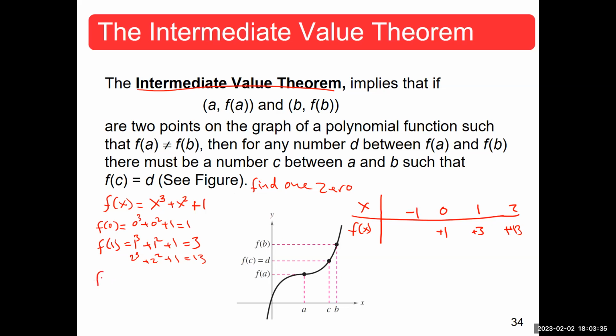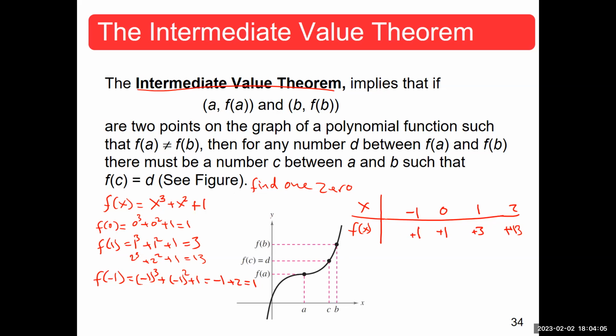Let's see what negative 1 will give me. Negative 1 cubed plus negative 1 squared plus 1. Well, this one here is going to be negative 1. This is 1 plus 1 is 2. Oops, still positive 1. It's not working yet.